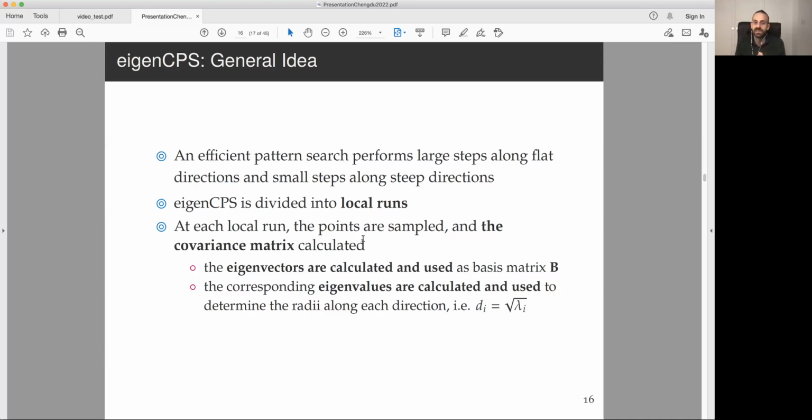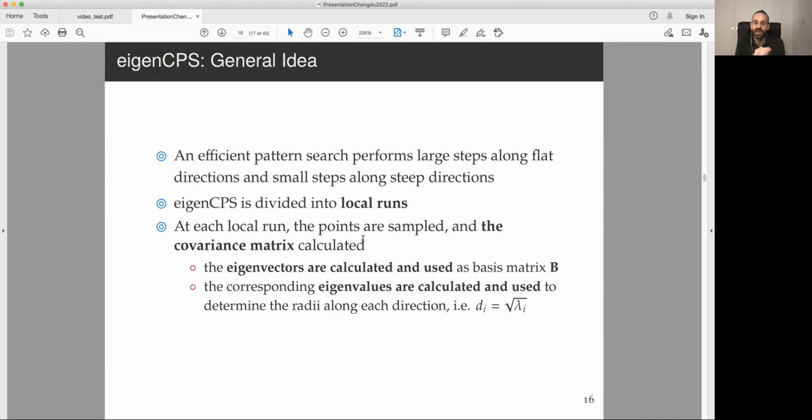And the Eigen CPS is divided into local runs. So instead of having a single run, I'm having some restart mechanisms. Which means that I run a CPS for a while, then I perform a short analysis, and then I restart it again. At each local run, the points are sampled and the covariance matrix is calculated.